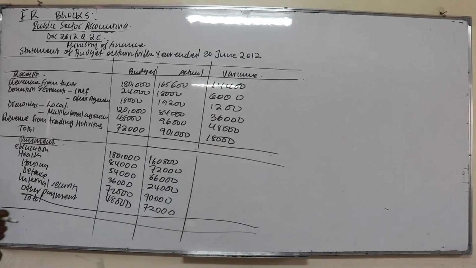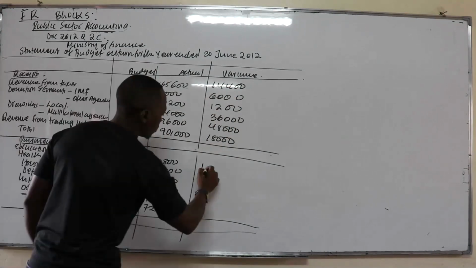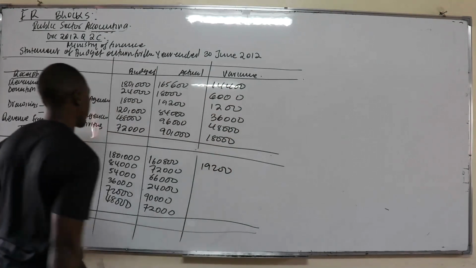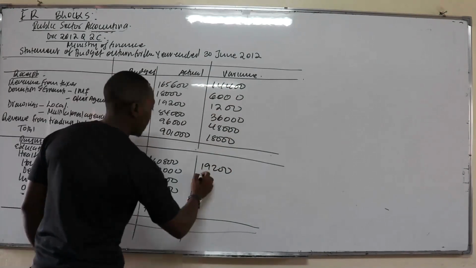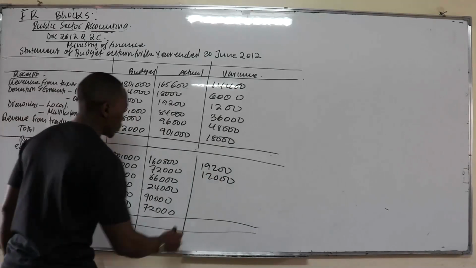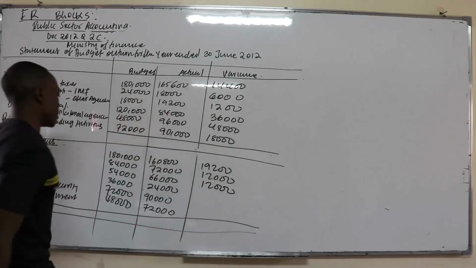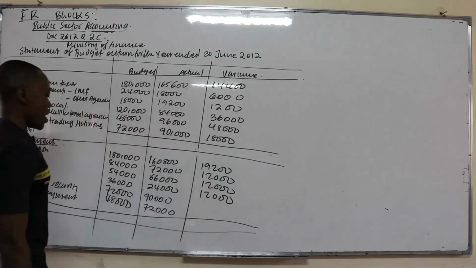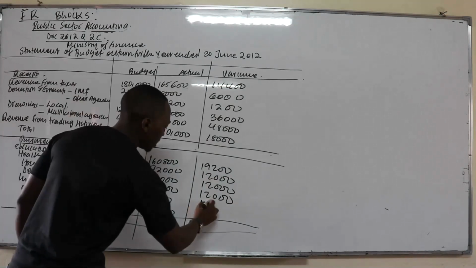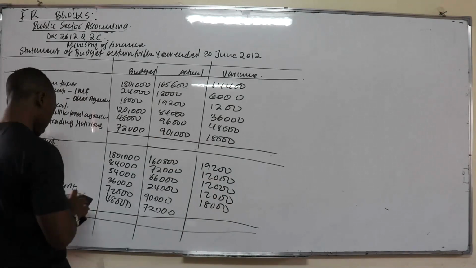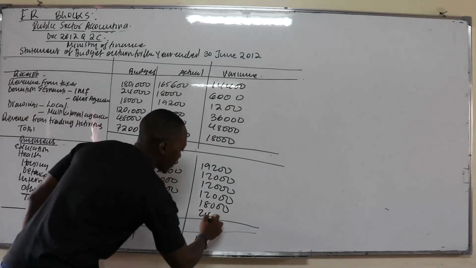Then we have 180, so that is 19,200. Then we have a difference of, is it 12? Then we have a difference of also 12. Also, we have a difference of 12, a difference of 18, and a difference of how much? 72 minus 48, a difference of 24.